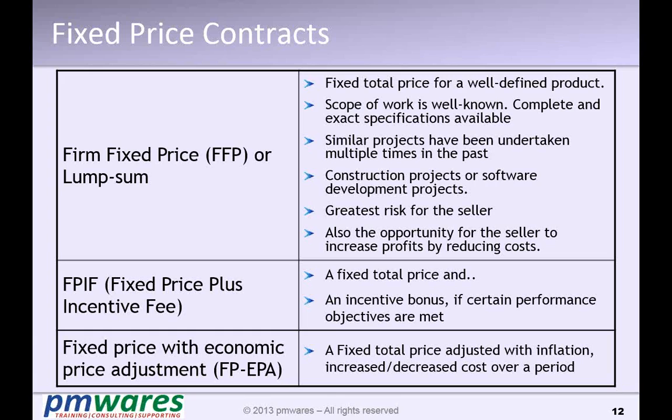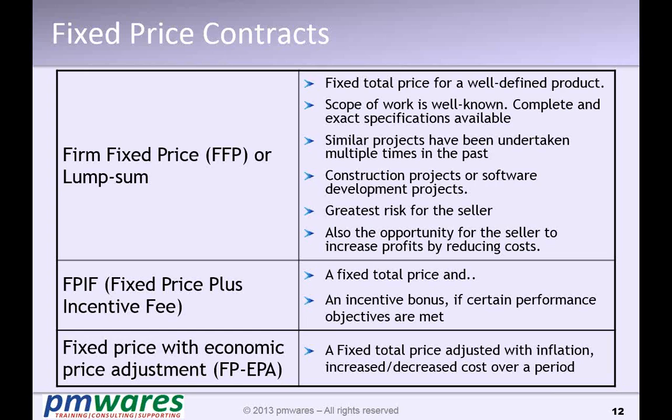is where the vendor understands exactly what needs to be procured. He puts in a bid or gives a quote that he will deliver things for this much money, and then that price is fixed. After that, if the vendor is able to deliver at less cost, he earns more.